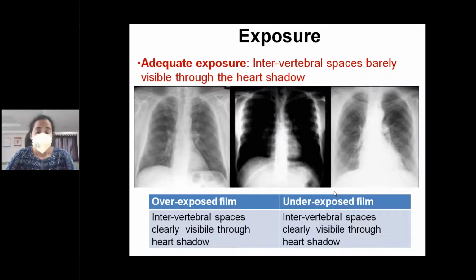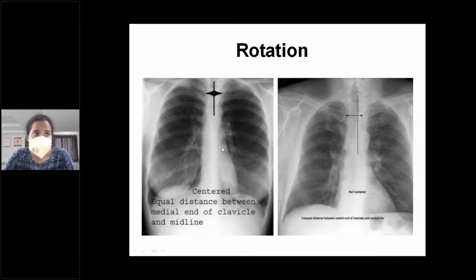Next, our next parameter is rotation. Now we have seen exposure. You have to be aware that the technician is not going to know everything while he exposes a patient to the X-rays. He is just going to take a radiograph, and you are the one who has to differentiate whether it is a technical error or an actual pathology.